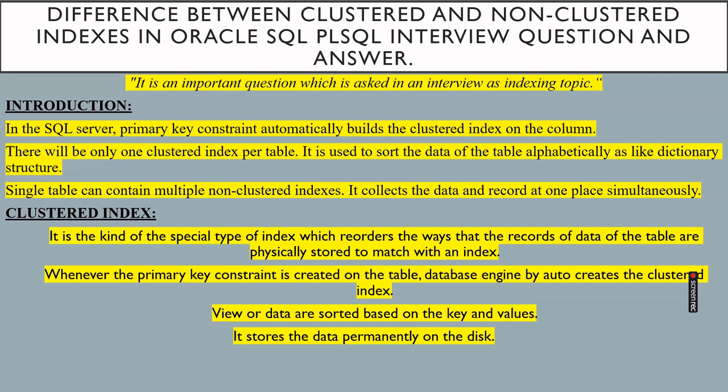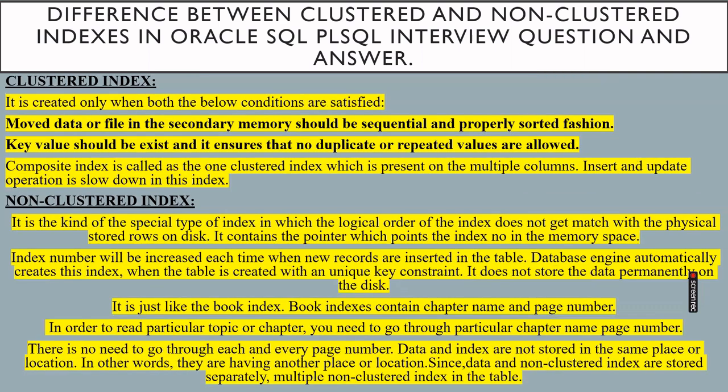We will check the practical lab in an upcoming video, so at that point you will get an example of clustered and non-clustered index and your concept will become clearer. A clustered index is created only if two conditions are satisfied.